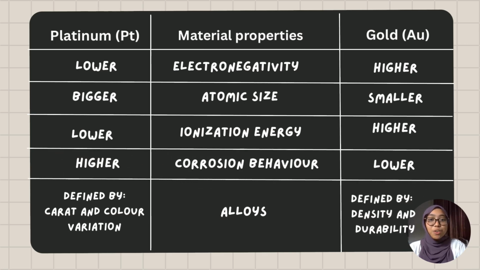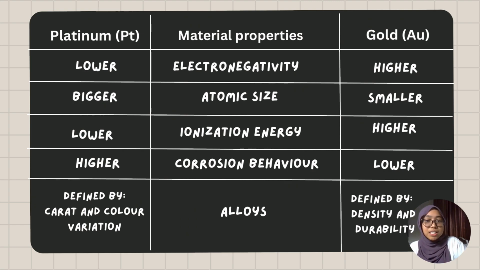So let's take a look at the material property differences between platinum and gold. But first, please keep in mind that platinum's atomic number is 78 while gold's is 79. Let's move on to electronegativity. As we all know, down a group, electronegativity decreases. So platinum is lower in electronegativity compared to gold, which is higher.